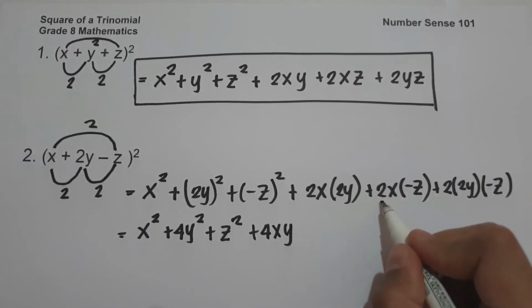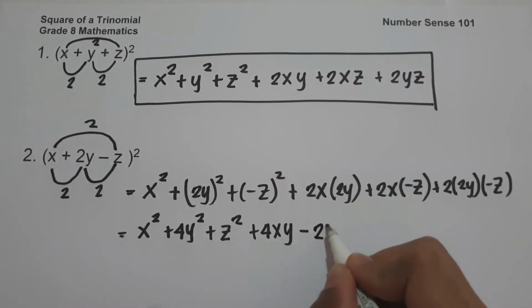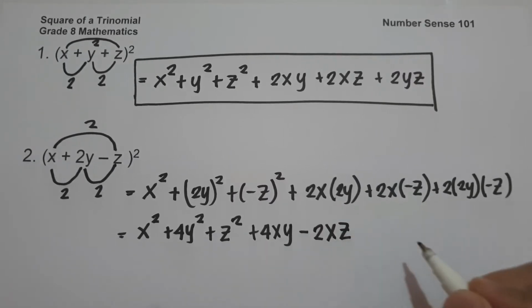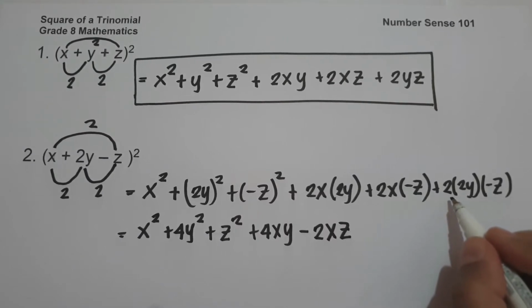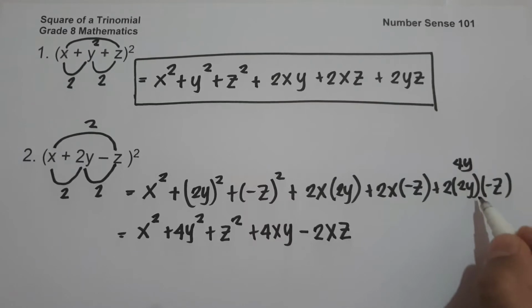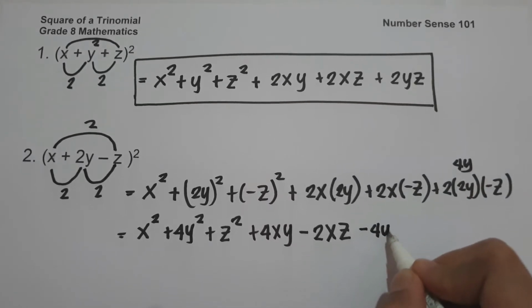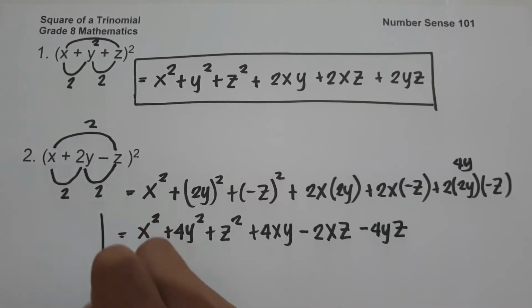And then we have 2x multiplied by negative z, that is negative 2xz. And the last term is 2 times 2y, that is 4y. And 4y multiplied by negative z is negative 4yz. And this will be our answer.